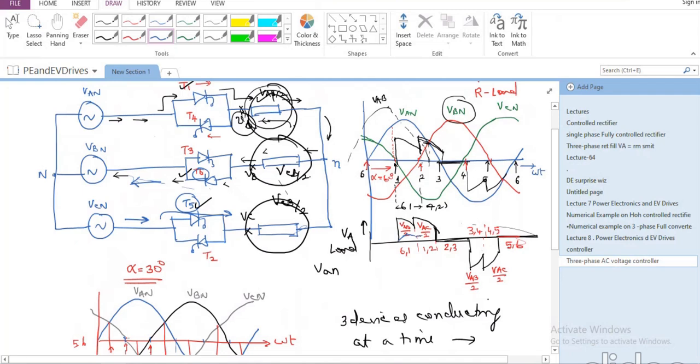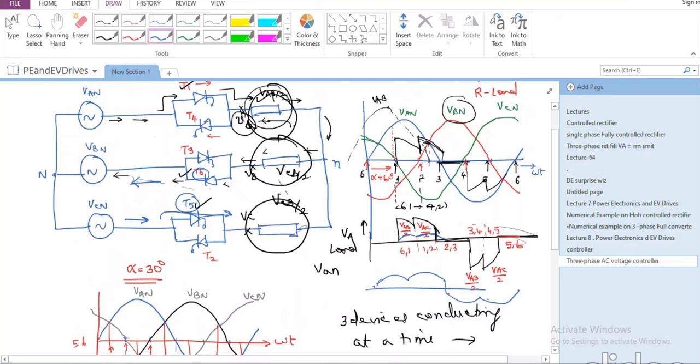And again, I may have the current increasing like this and it may come down, but it will not come down at this point. It will continue like this. So I may have a current waveform somewhat like this and it will come down like this, and again the current appearing like this and so on.